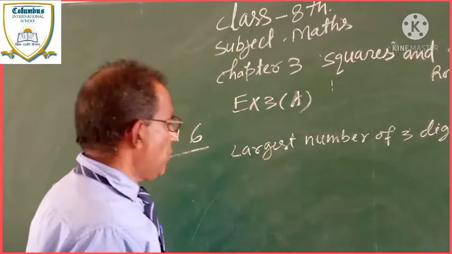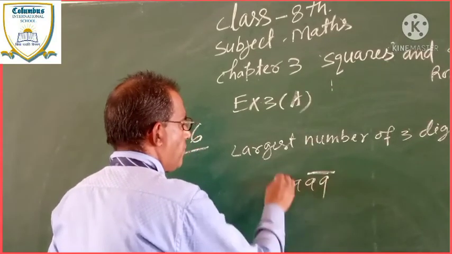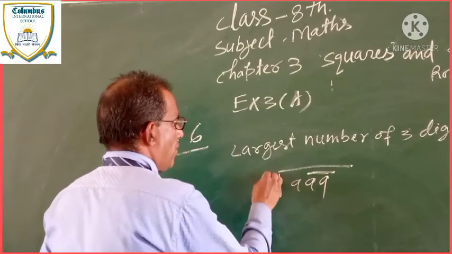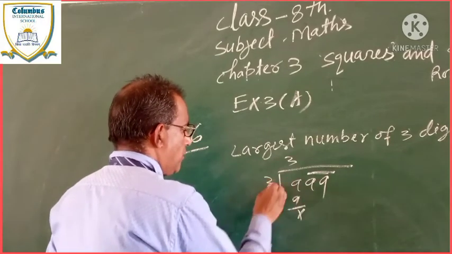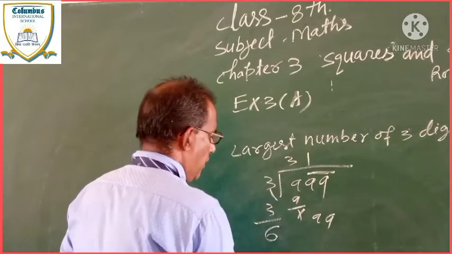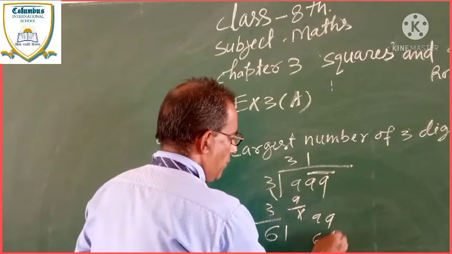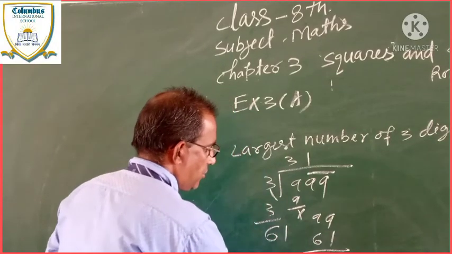We find the square root of 999. 3 threes are 9. 3 and 3, 6. Bring down 99. 1 times 1, 61. 9 minus 1, 8. 9 minus 6, 3.